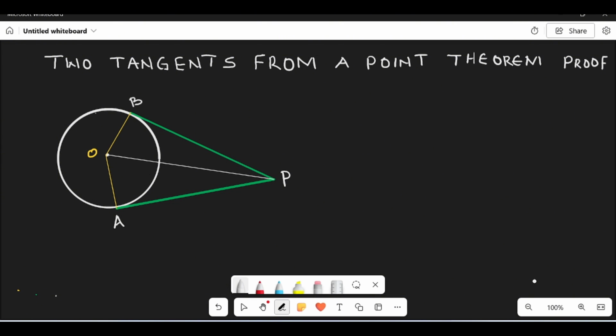Now remember, the radius is perpendicular to the tangent at the point of contact. So I can say the angle between this line and this line is 90 degrees. And the angle between this line and this line is 90 degrees.